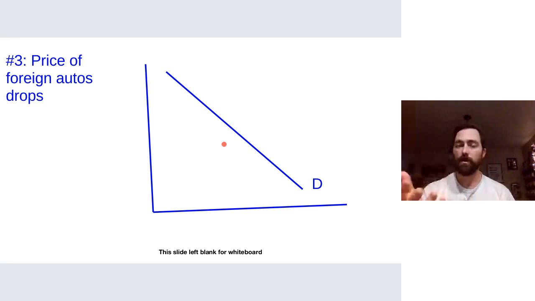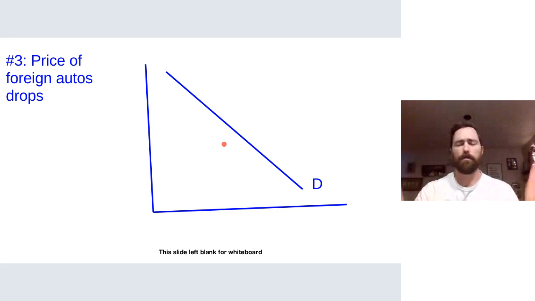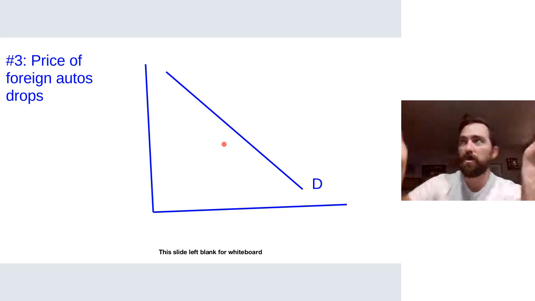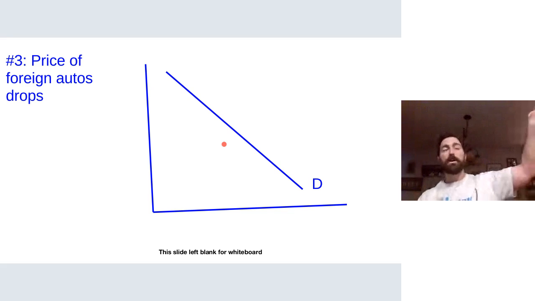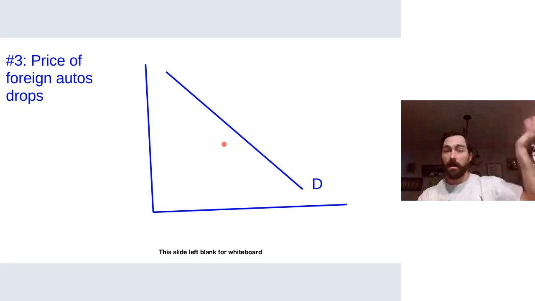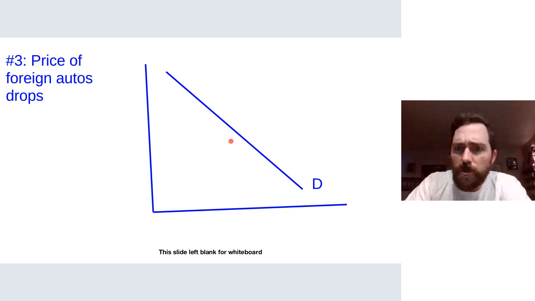If you had to choose between a cheaper Japanese car, a Kia or Toyota, of the same quality but more cost effective, and a more expensive American car like a Chevy or Ford, you're going to choose the foreign-made car, right?